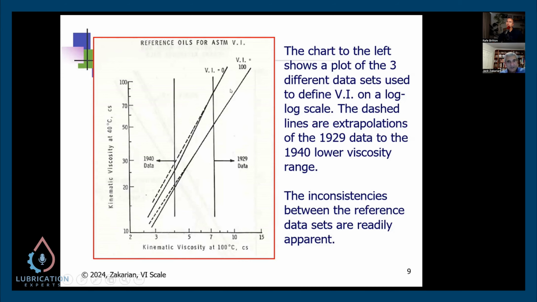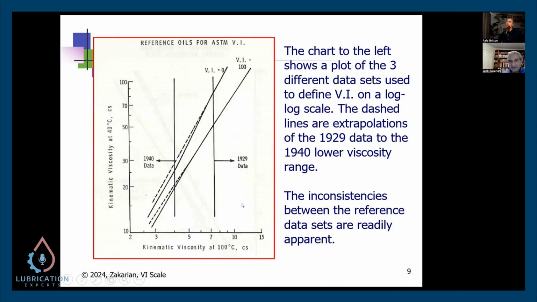I don't show the individual data points, but take my word for it that this region up here in the 1929 data is a nice straight line. Then when you look at the 1940 data, that's a nice straight line. But if you took the high vis data and extrapolated it, that's this dotted line, what you see is that the extrapolation does not agree with what the new equation said.